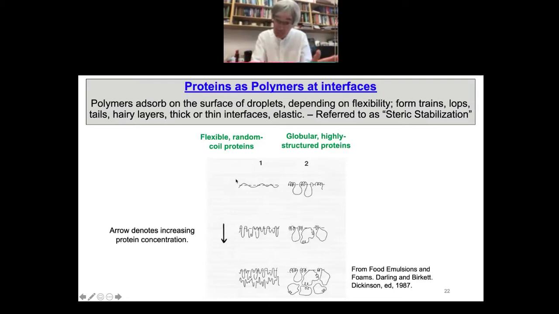And if it can completely unfold, you may get something that would give you a much thinner interface. As we get increasing protein concentration, they do have the ability to pack and to lead to higher protein concentration until such time as you saturate the surface, and that would be that maximum protein concentration per surface area of droplet.